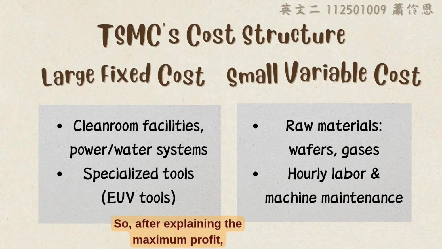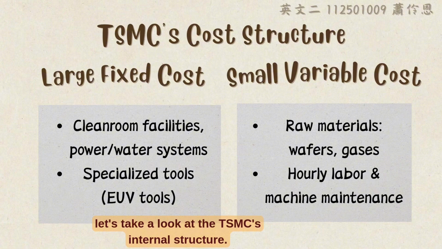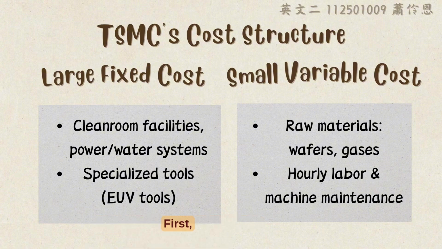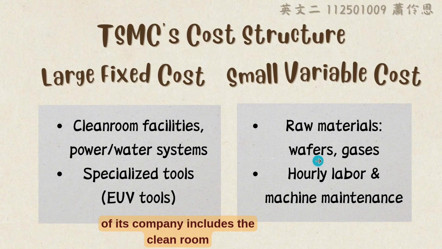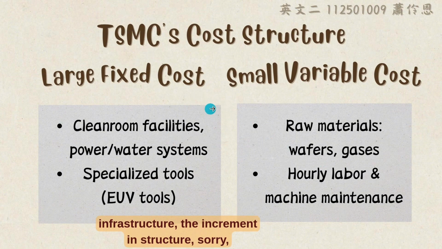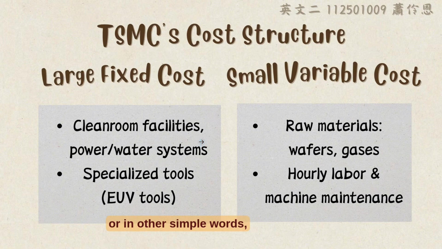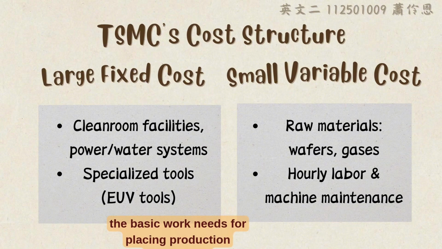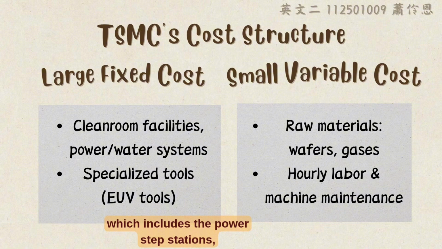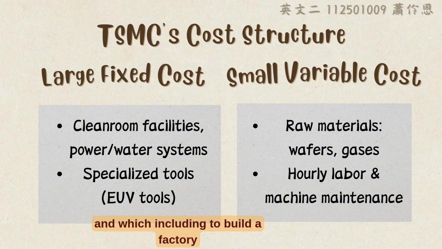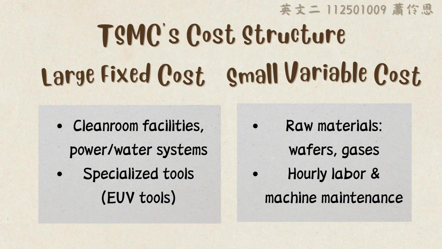After explaining the maximum profit, let's take a look at TSMC's internal structure. First, the fixed cost expenditure of the company includes the clean room infrastructure for a semiconductor factory, or in other simple words, the basic needs for placing production equipment, which includes the power stations, water treatment, recycling plants, and gas farms. Building a factory like this could exceed $20 billion.